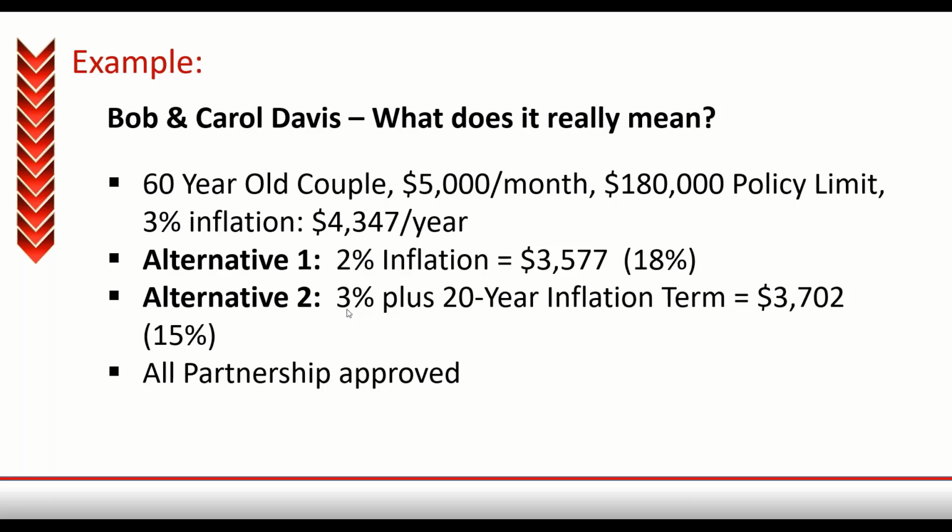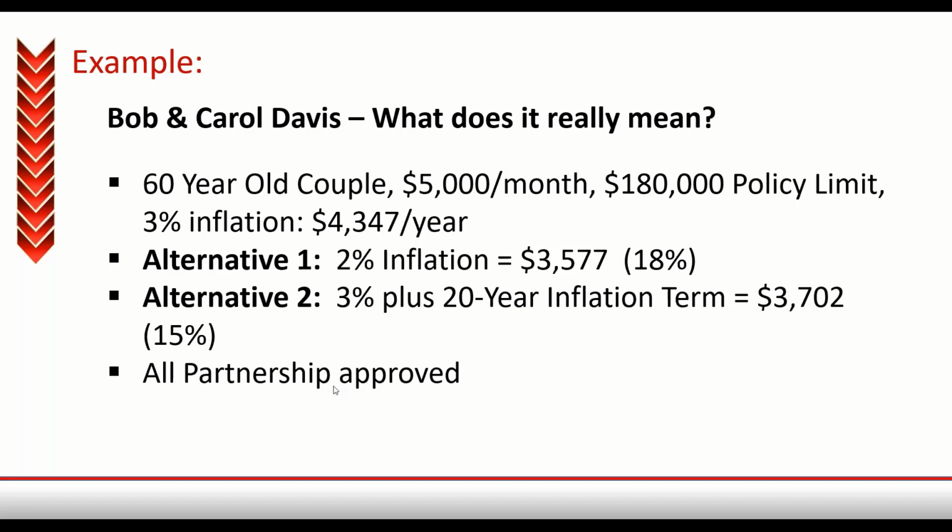Or you could take that same 3% and run it for a 20-year term, which puts them out to about the age of 80. But look at that, you're saving them almost $650 a year. That's pretty good savings, and you're giving them ultimately pretty close to the same plan. They're all partnership approved.